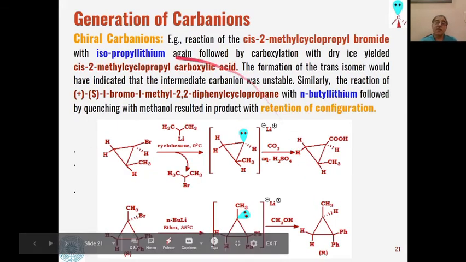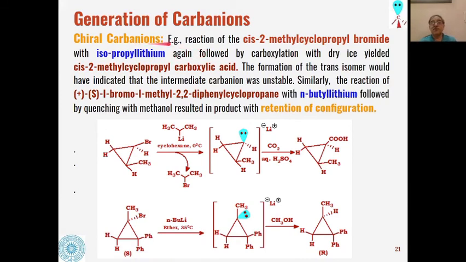Then other examples of chiral carbanion, for example, cis 2-methyl cyclopropyl bromide. When this is reacted with isopropyl lithium at 0 degree centigrade using cyclohexane as the solvent, Br will get substituted by isopropyl lithium, and lithium will get substituted here to generate a carbanion.